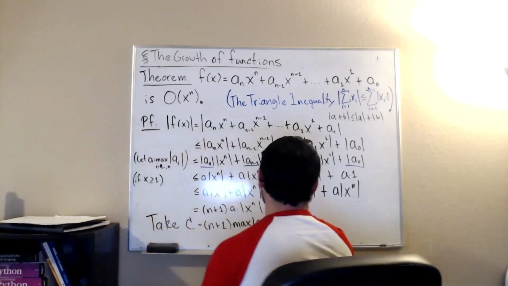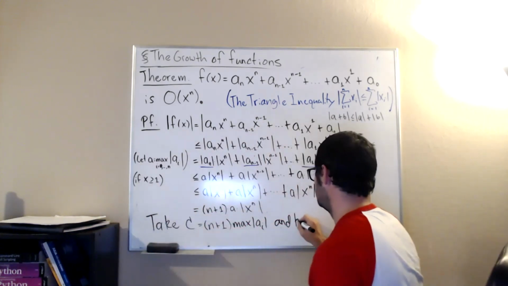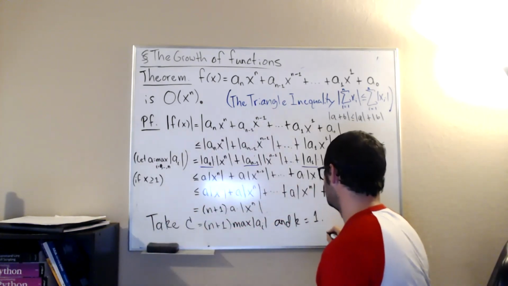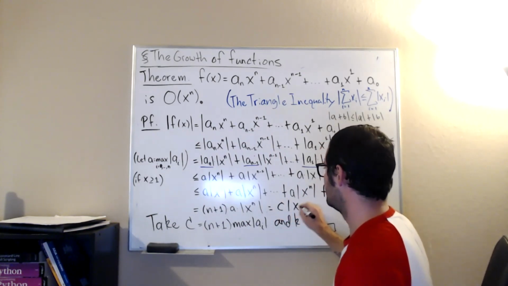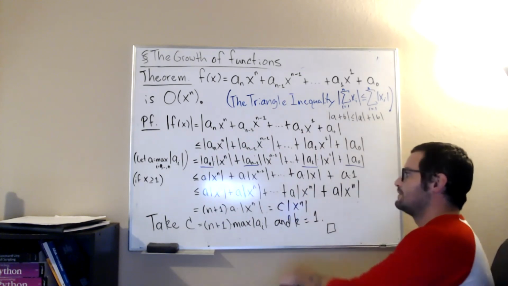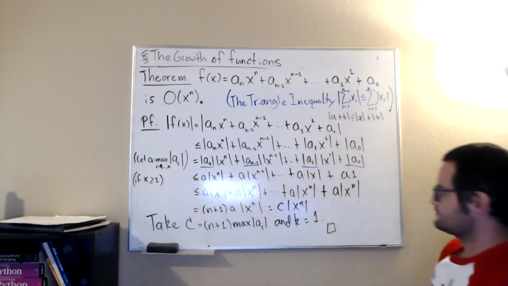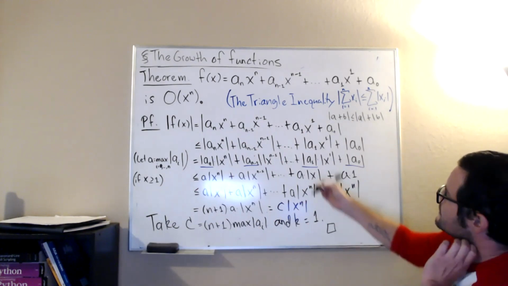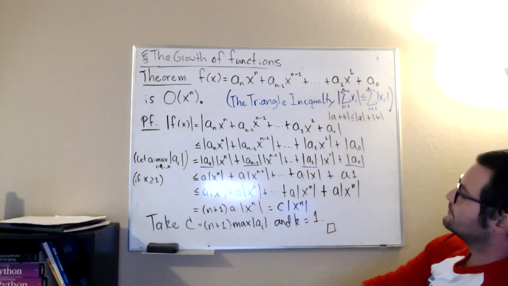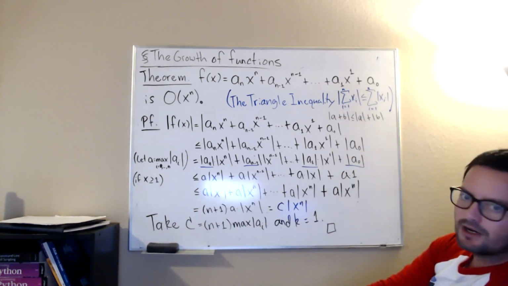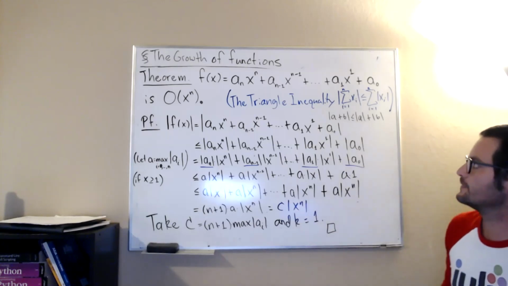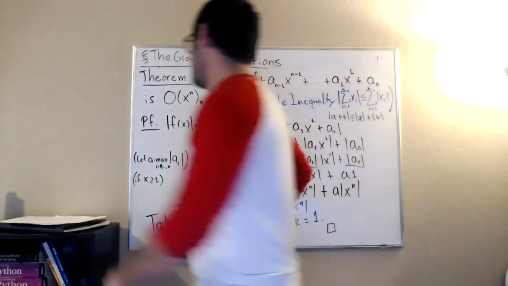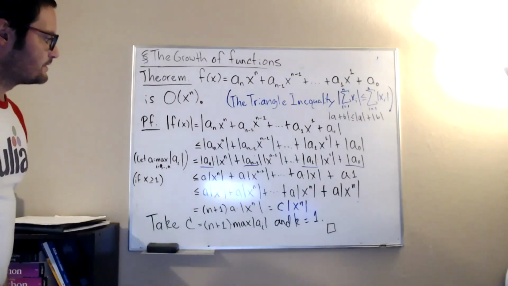And if we take k equal to 1, then we're done. Because then this is just C times the absolute value of x to the power n whenever x is greater than 1. So what that shows is that, yes, indeed, if you have a degree n polynomial, then that function is going to be big O of x to the power n. Okay, so that ends the proof there.